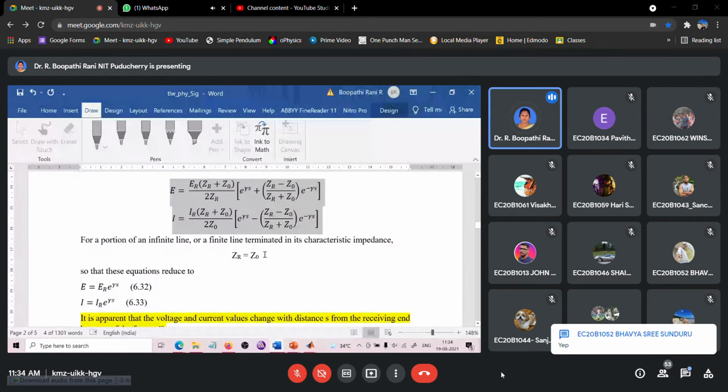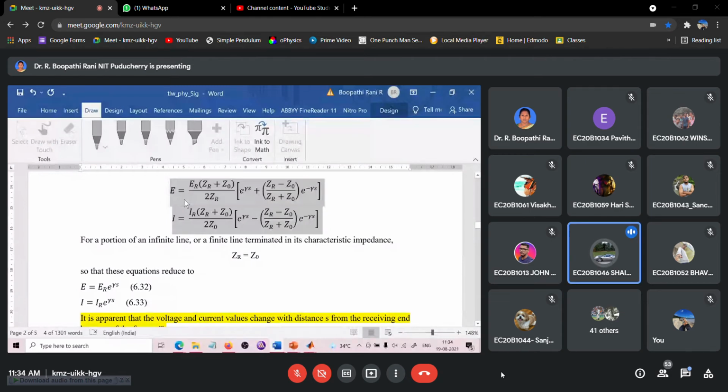In this equation, I highlighted, you substitute zeta equal to Z naught and tell me the reduced form. E is equal to ER e power gamma S. I is equal to IR e power gamma S. Correct. That's equations 6.32 and 6.33.